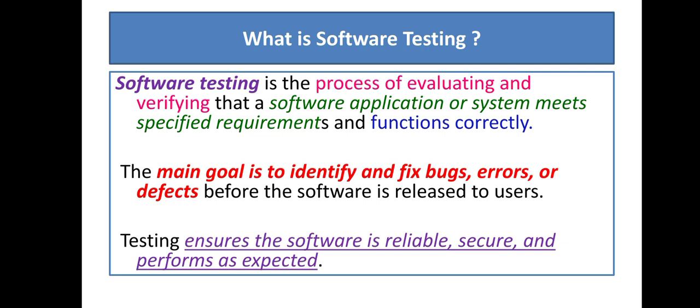In software testing, we identify the defects, bugs or errors that cause failures of the software product, which we have to verify before deploying the product to the customer sites. For that, we do testing. Testing ensures the software is reliable, secure, and performs as expected.